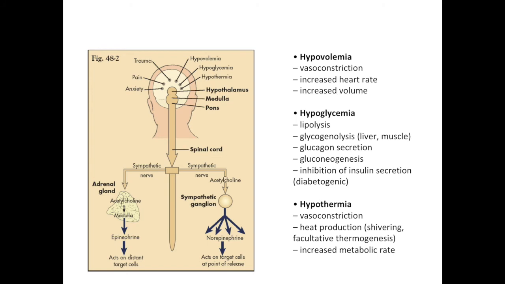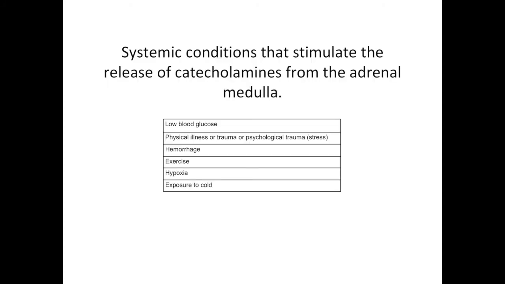And then in hypothermia, again, it's going to cause vasoconstriction to the periphery to maintain heat in the important organs. It will increase your heat production by causing you to shiver and facilitating thermogenesis, and it will also increase your metabolic rate. And these are just another table of things that enhance the release of catecholamines.